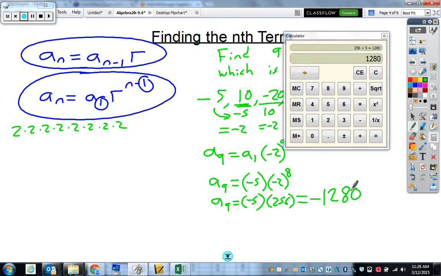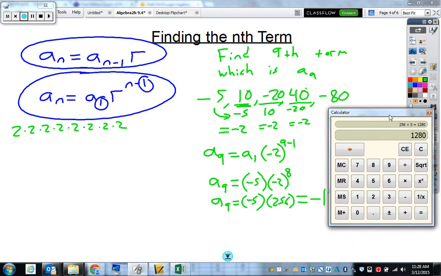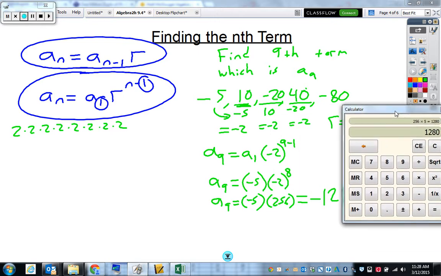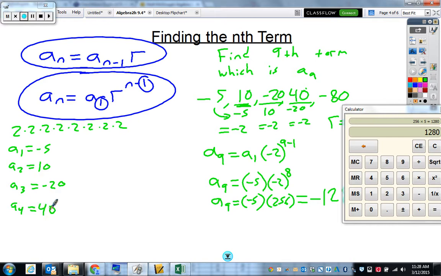Now, the other way I could have gone about this was to actually find each term. I know a sub 1 equals negative 5, a sub 2 equals 10, a sub 3 equals negative 20, a sub 4 equals 40, a sub 5 equals negative 80. Then negative 80 times negative 2 is a sub 6, which would be 160.